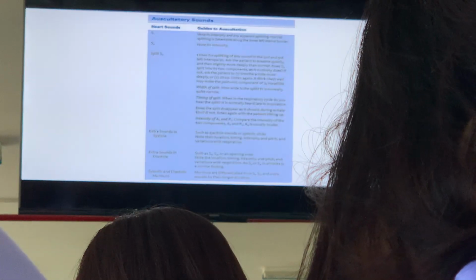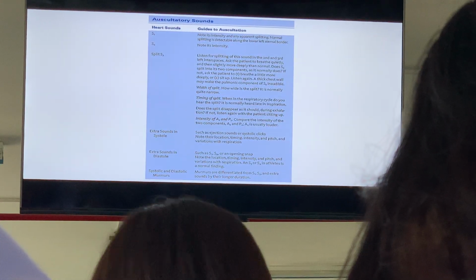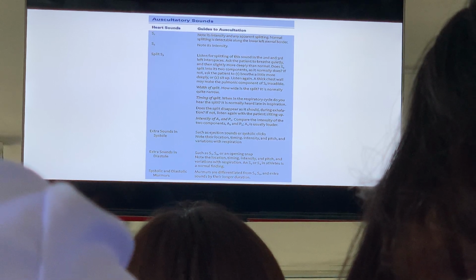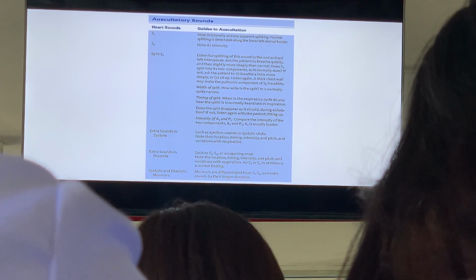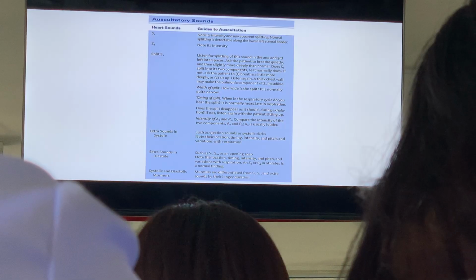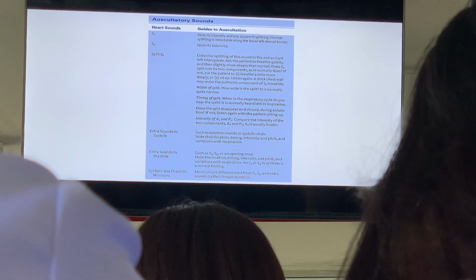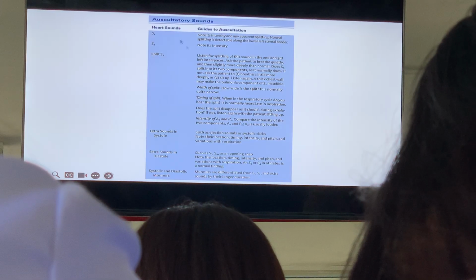At this point in your training, it's important to identify S1 and S2 first. Because you cannot appreciate the splitting of the heart sounds, extra S1s, extra S2s, or other murmurs if you do not get the basic S1 and S2. Okay?